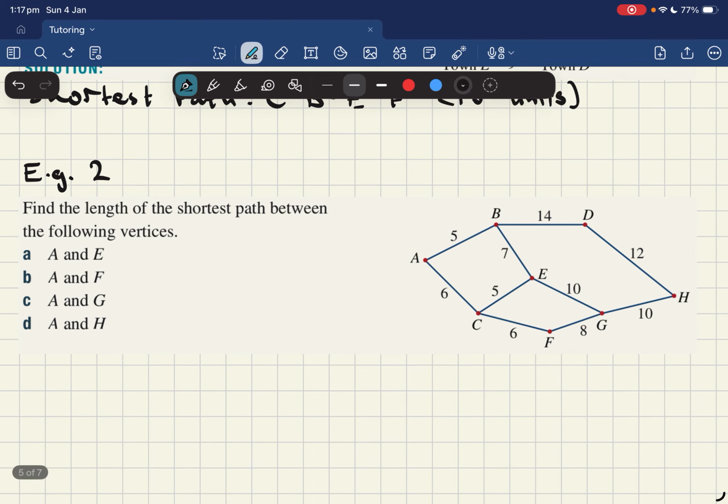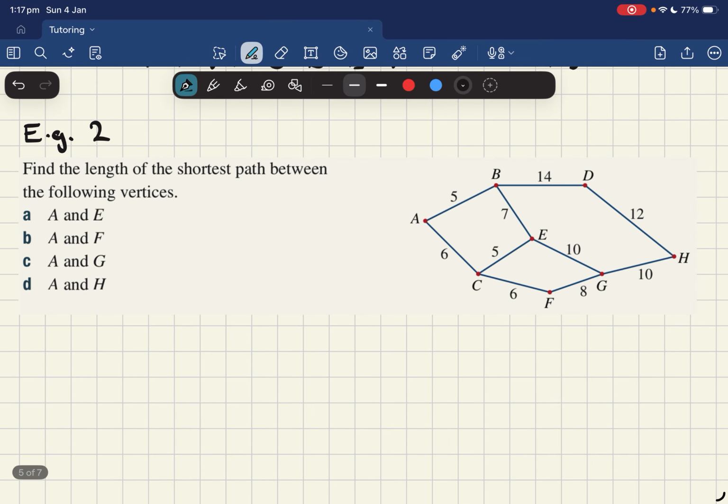Okay, in example 2, it's saying to find the length of the shortest path between the following vertices. So first I have A to E. Now these are relatively close together. I basically have two different options I can take. I can go A to B to E or A to C to E. And I can see that 5 plus 7 will give you 12, 6 plus 5 will give you 11.